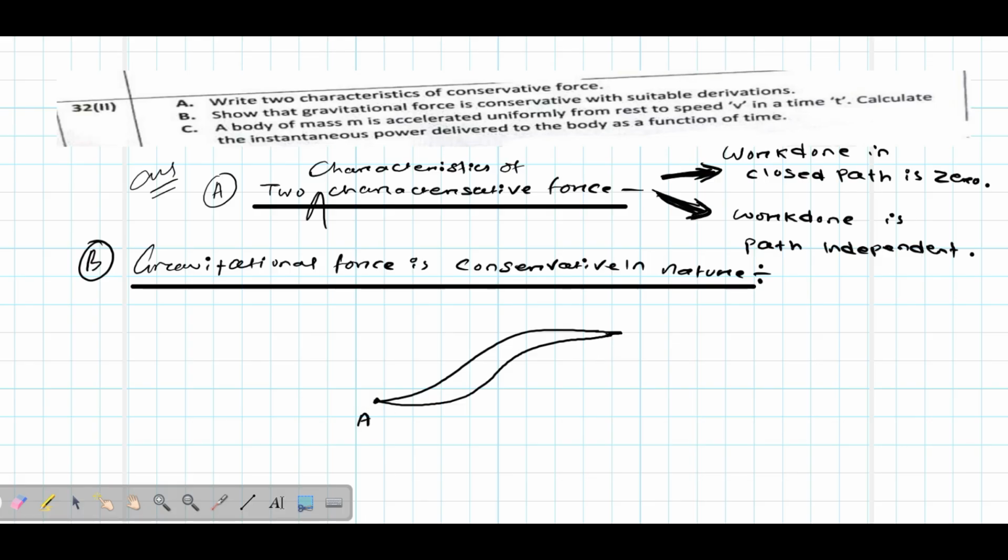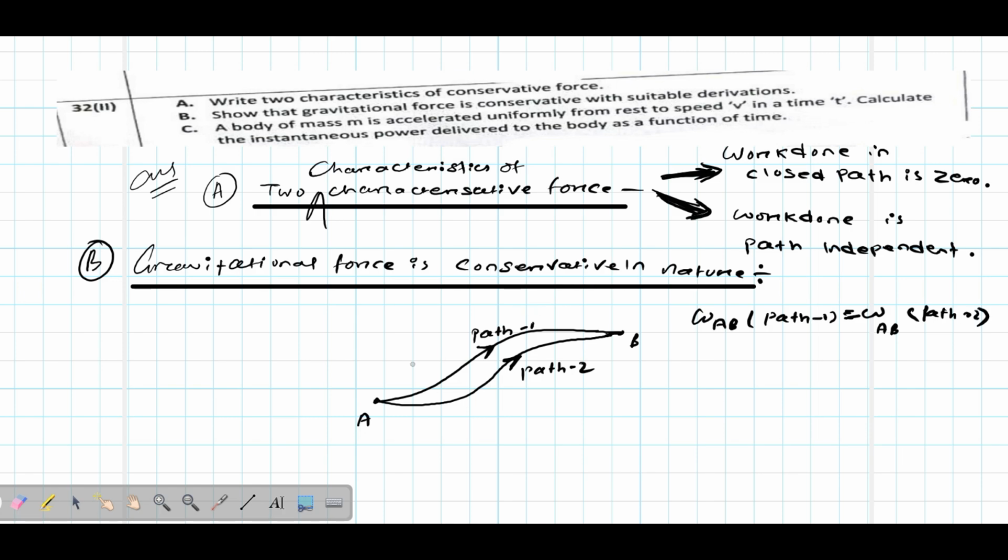This is A, this is B. This is path 1, this is path 2. Work done from A to B in path 1 equals work done from A to B in path 2, as it is conservative.